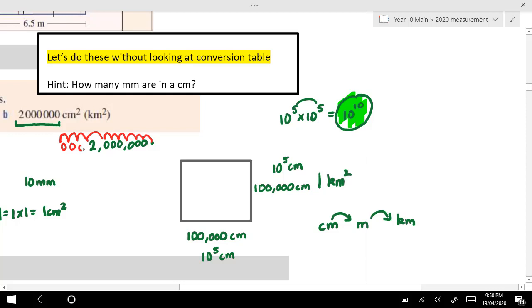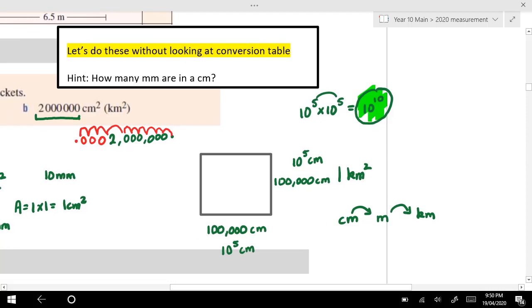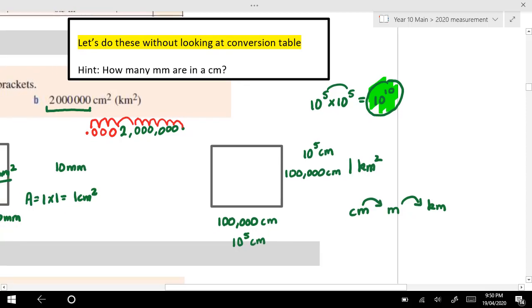Let's fill that in with zeros, and that's where the new decimal place goes. So 2 million centimeters squared is actually 0.002 kilometers squared. That was a bit of a tricky one.